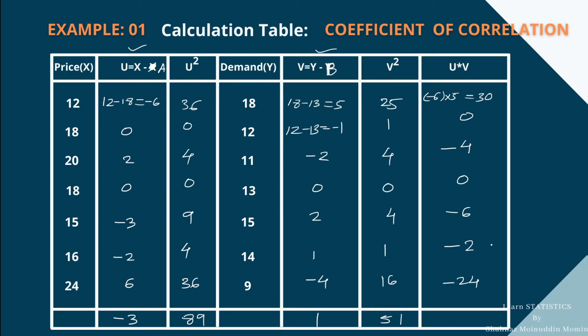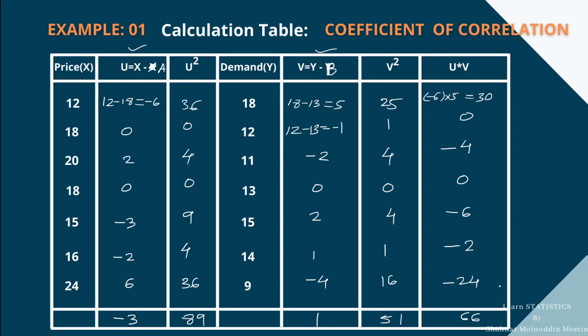To obtain the sum of u into v, add all the terms, we get the total is minus 66. This is our calculation table.